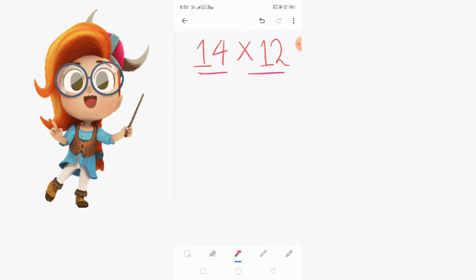So at first we have to draw a square box or a table. Here 14 is 2 digits, here also 2 digits, so draw a square box like this.